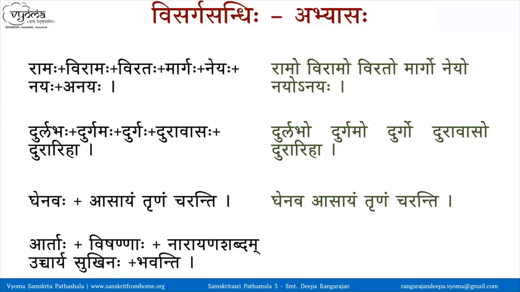Artaha Vishanaha. Then again, this is Artaha and it will be Arto Vishanaha. Here it is preceded by Akara and it is Visarga. It is not Hrasva, it is Dirgha. So it will not be Okara, it will be Lopa.